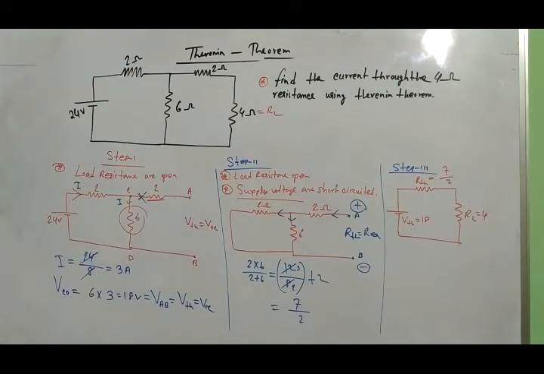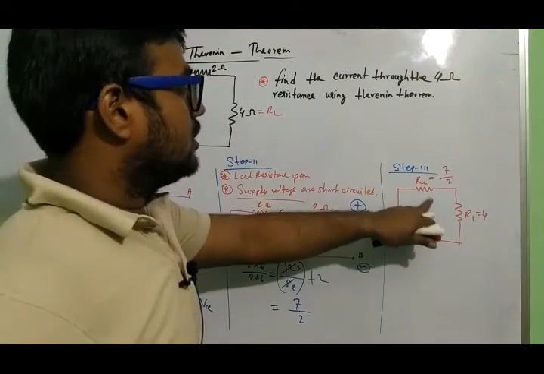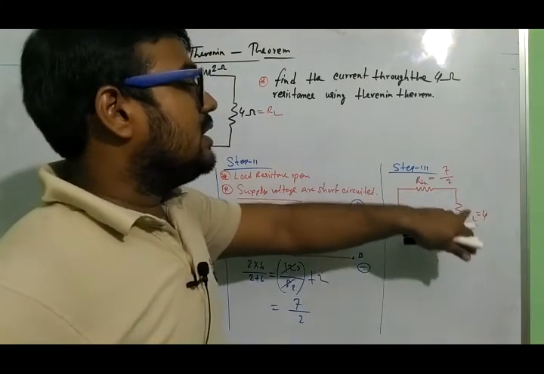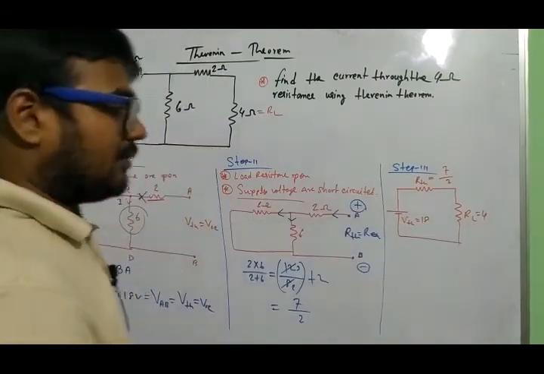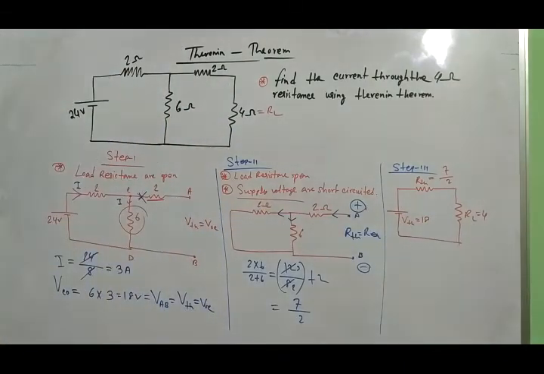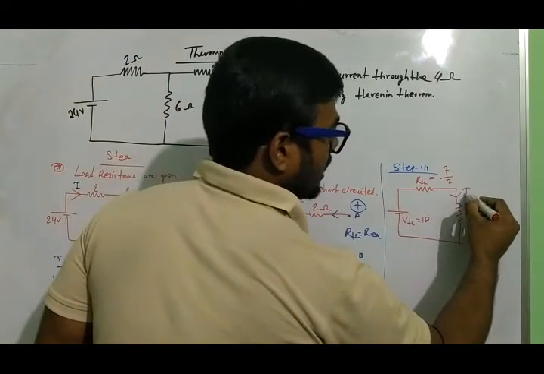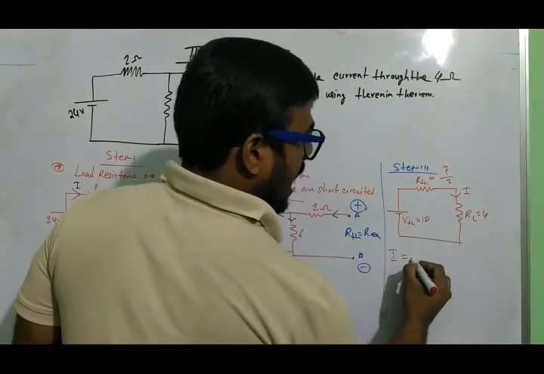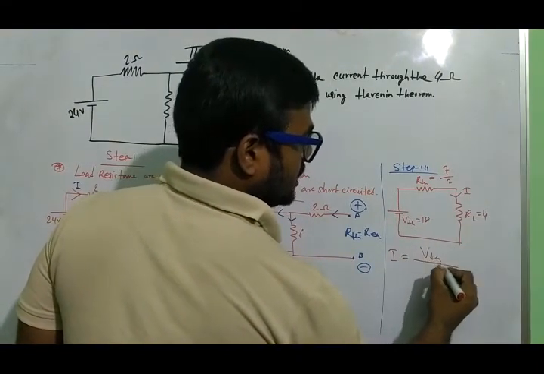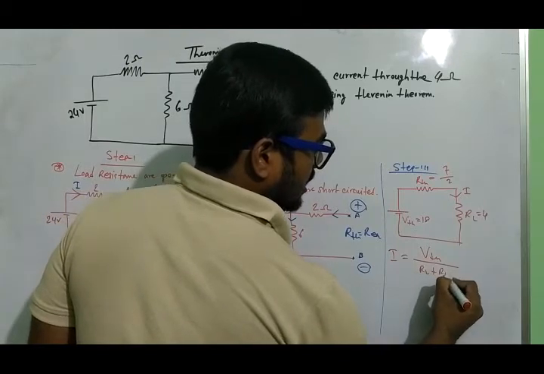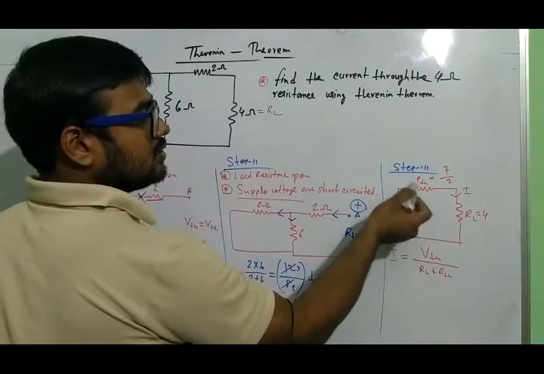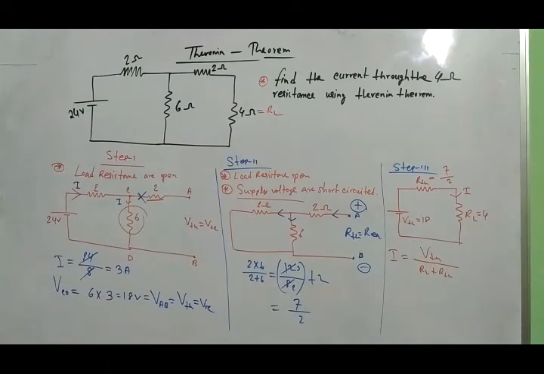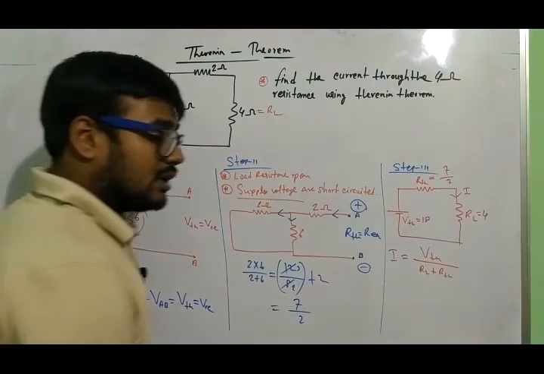When I put in the values VTH, RTH, RL, I find the value of I. So what is I? I equals VTH divided by RL plus RTH, because the two resistors are connected in series.